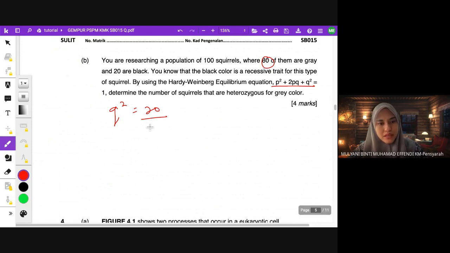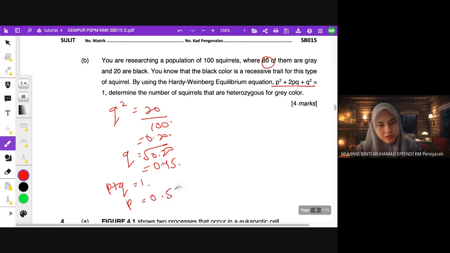So bahagikan dengan 100. So dapat 0.20. So nilai Q adalah square rootkan 0.20 dapatlah 0.45. So masukkan dalam formula ini untuk cari nilai P. So dapat 0.55. So nilai heterozygous 2PQ, awak kena gantikan sahaja 0 point ini dengan 0 point ini.